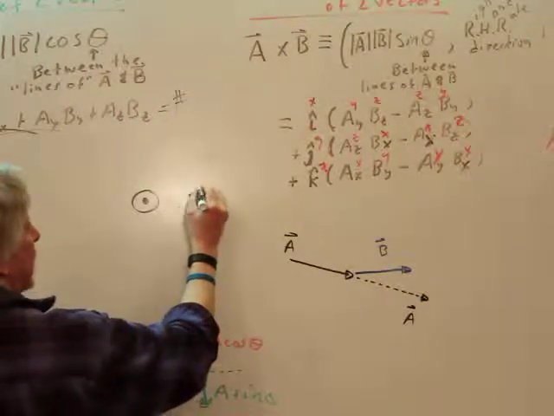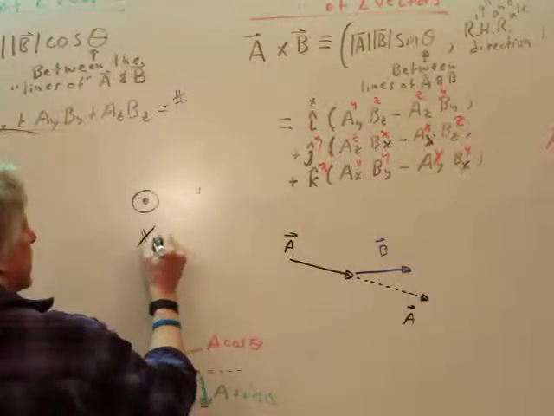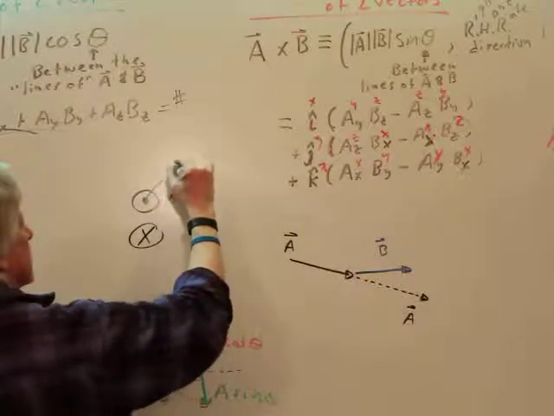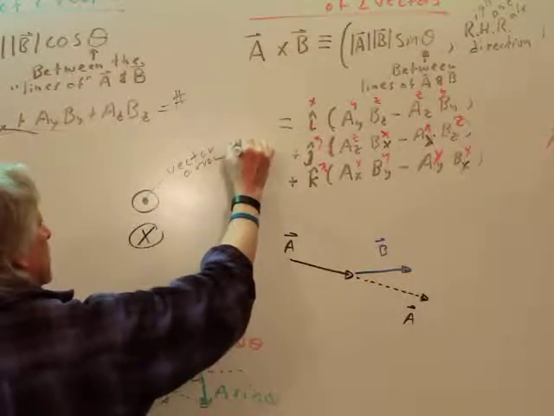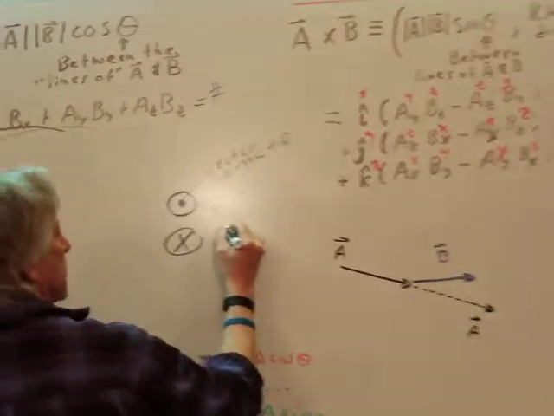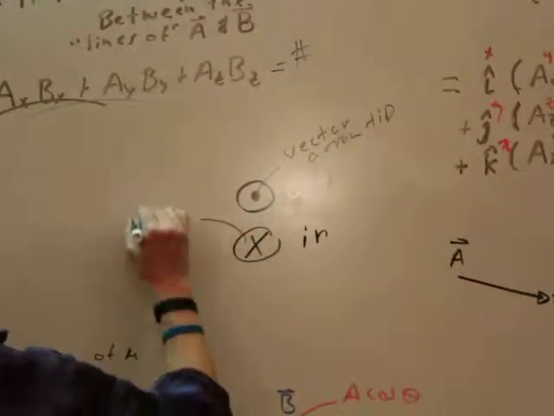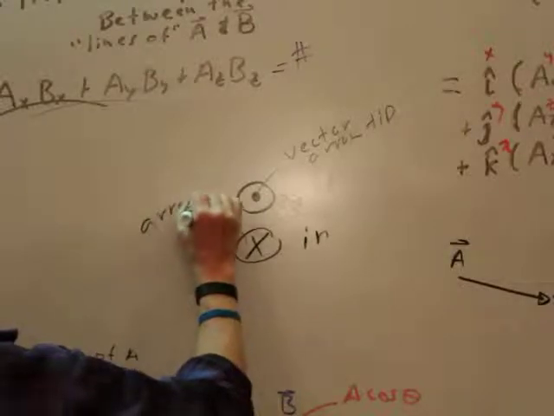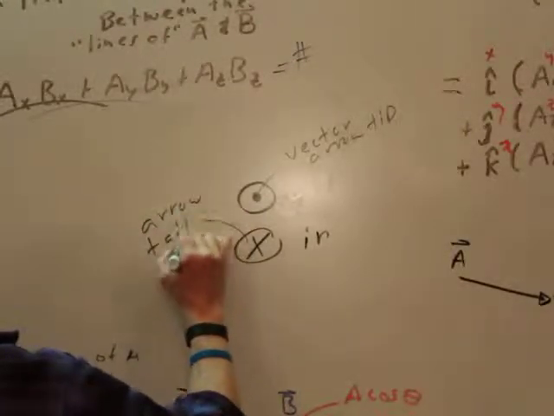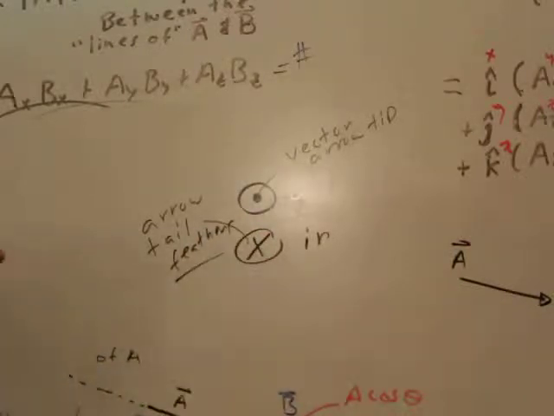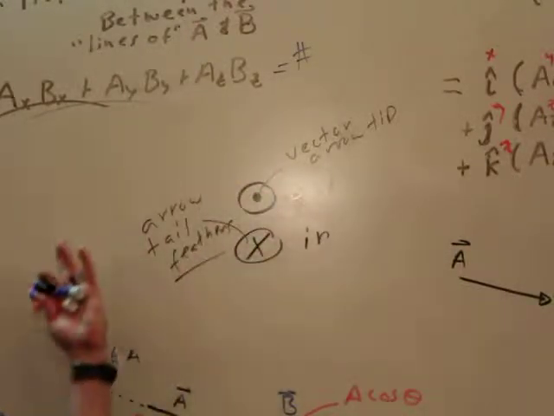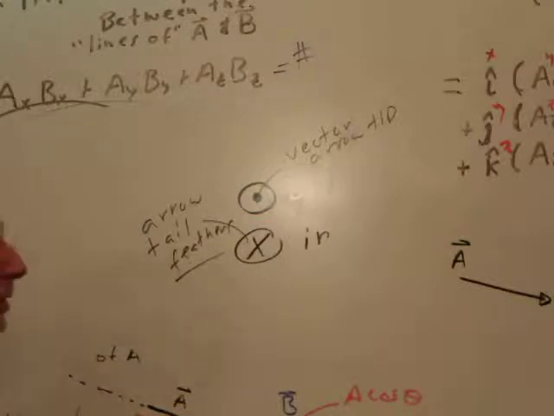So this is out. And here, so this is the vector arrow tip. And this means in because this would be the arrow tail feathers. Think of a bow and arrow, whatever. So this means in, that means out.